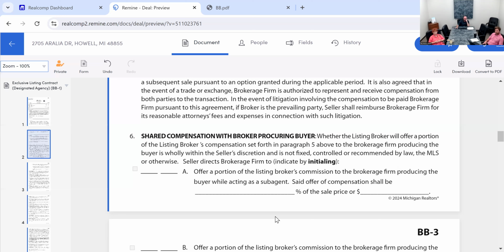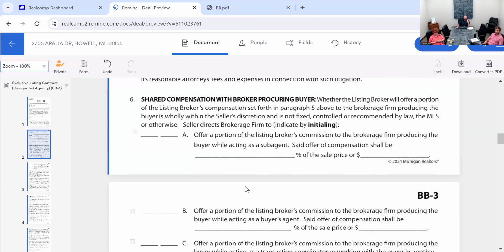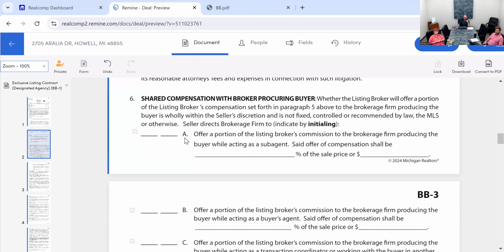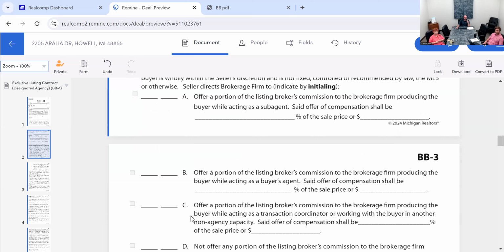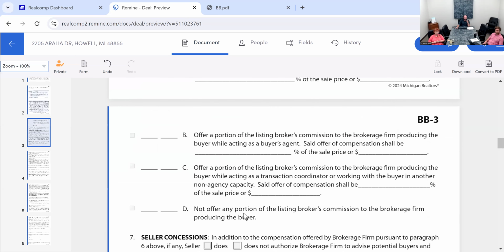Keep in mind, this is a statewide document, and RealComp is a regional MLS. I'm just saying it's for us to remember; they're in the same order as they were. I suspect that's just a coincidence, but it's a useful way to keep it in mind: sub-agent, buyer's agent, transaction coordinator, not participating.